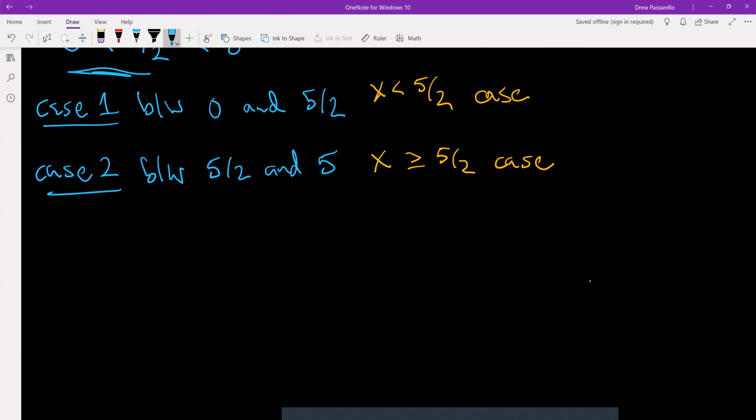All right, so I'm going to summarize. So I can break the integral, this was our definite integral, I have two cases. So case 1 would be between 0 and 5/2.